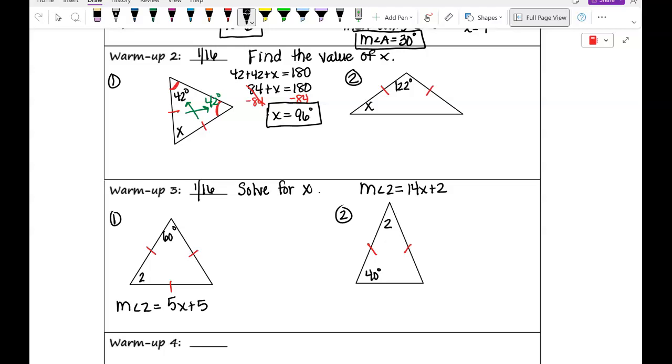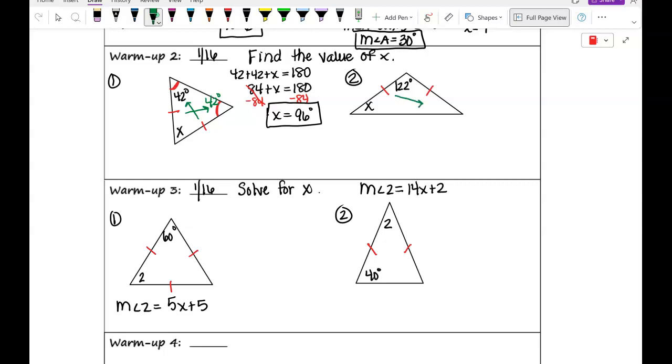And again, these were specifically chosen based on questions that I was getting on these. Number 2, they tell us the vertex angle is 122 degrees and one of the base angles is x. And again, the isosceles triangle theorem states that if two sides of a triangle are congruent, then the angles opposite those sides are congruent.